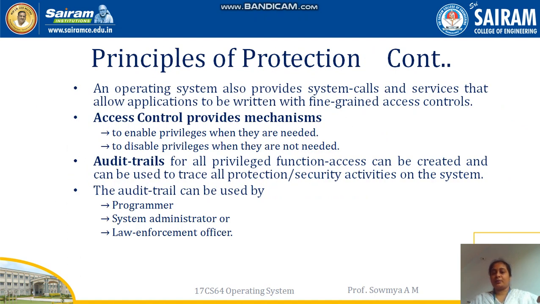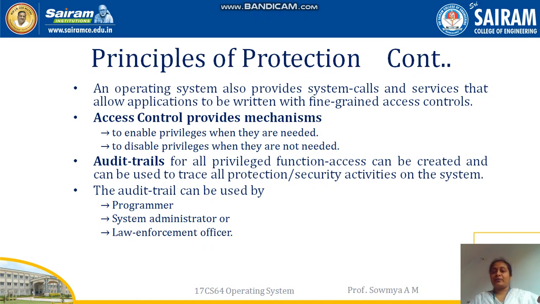Principle of protection is also about how access control provides mechanisms and audit trails. So access control provides mechanisms like the read, write, execute access control, and enables privileges when they are needed. Whenever privileges are needed, enable them, and disable them when they are not needed. The first method is providing protection based on access control.